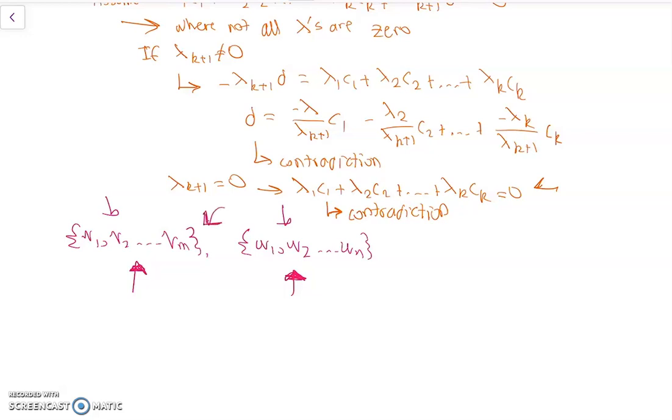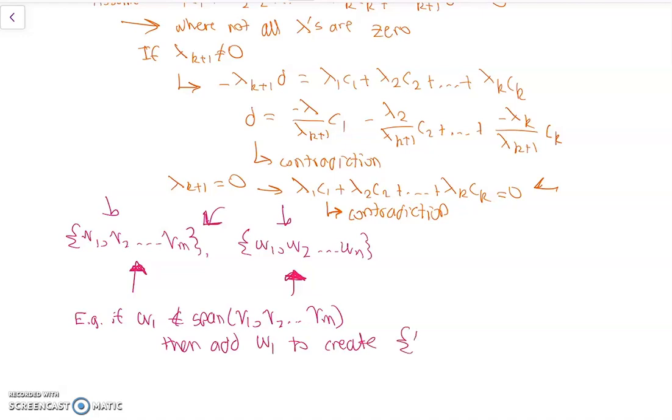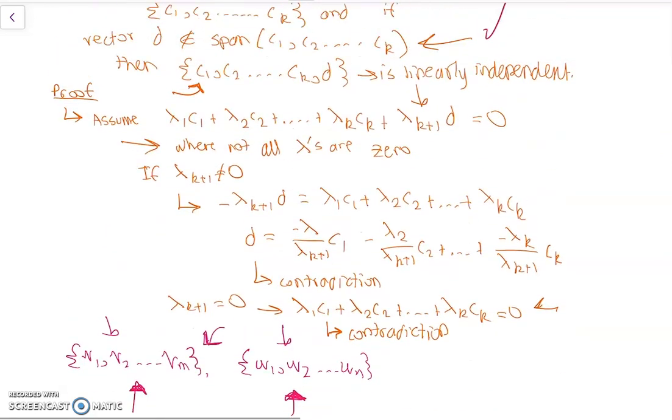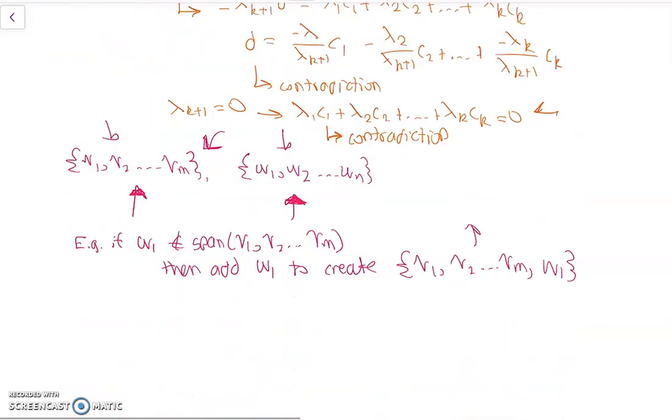So an example is, for example, if w1 is not in the span of the v's, then add w1 to create a new set v1, v2, up to vm, and w1. Okay, and from the previous lemma we know this is a linearly independent set.